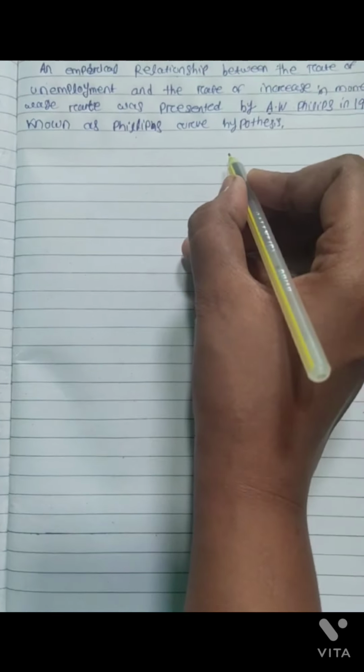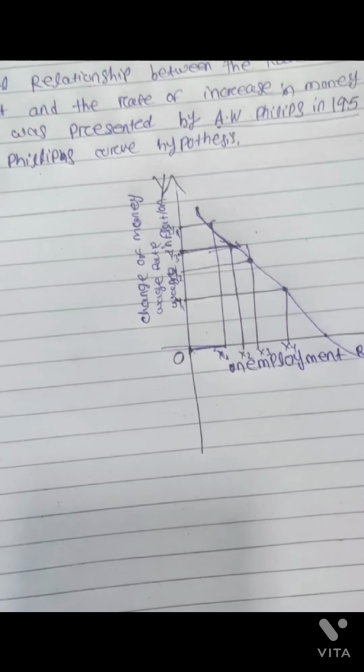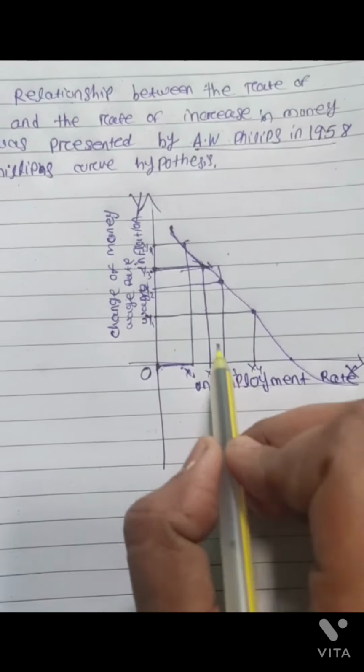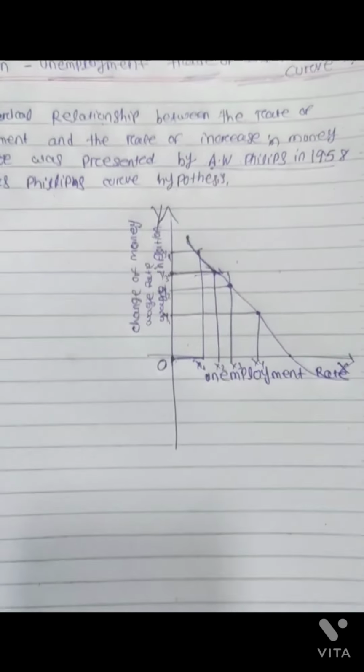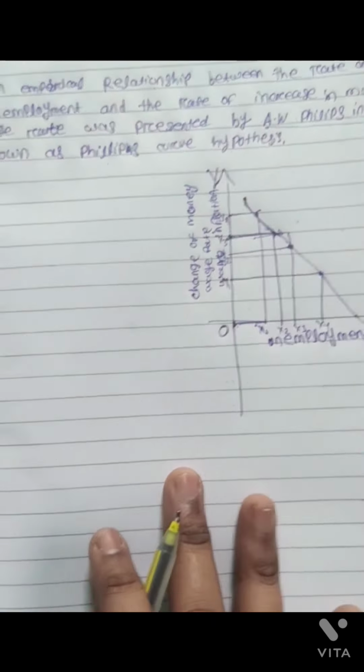When unemployment is OX4, at that time wage inflation is OY1. That means wage inflation and the unemployment rate are inversely related, a negative relationship. If one increases, the other decreases, and vice versa.